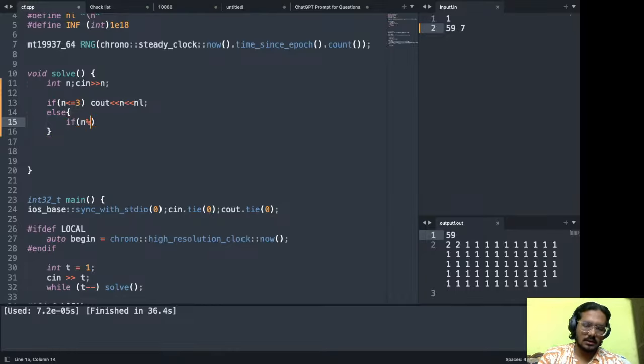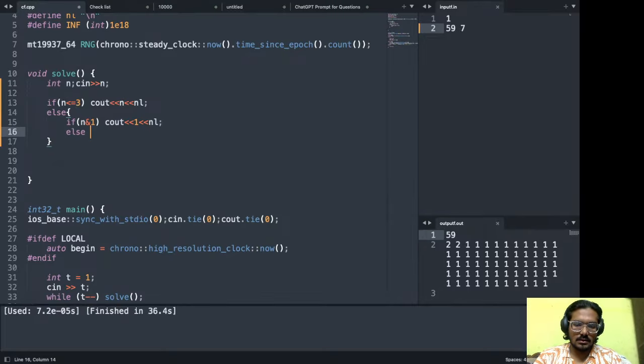If n is odd, cout 1, else cout 0. That's done. Let me get the test cases.